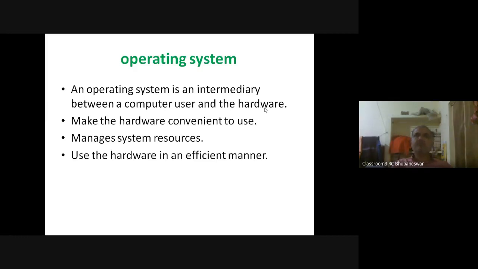Examples of system software are operating system, compiler, interpreter, etc. ठीक है। So to run a computer system, if there is no operating system, can the computer run? No.